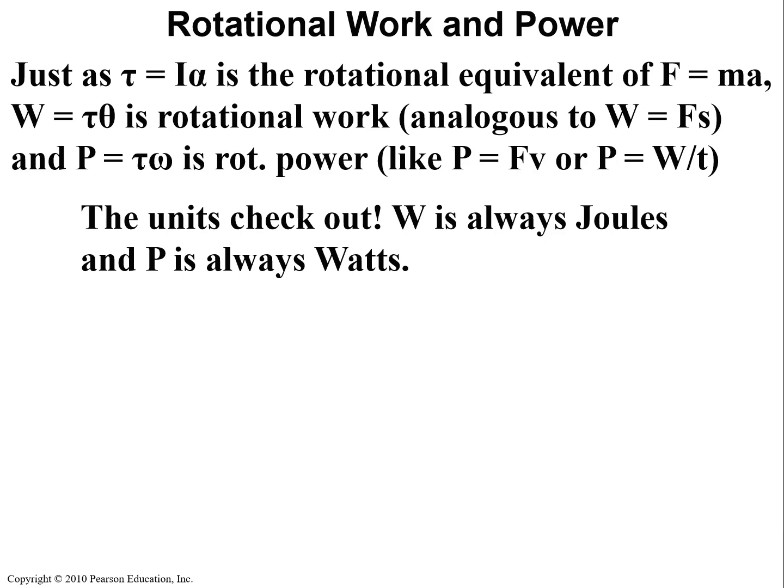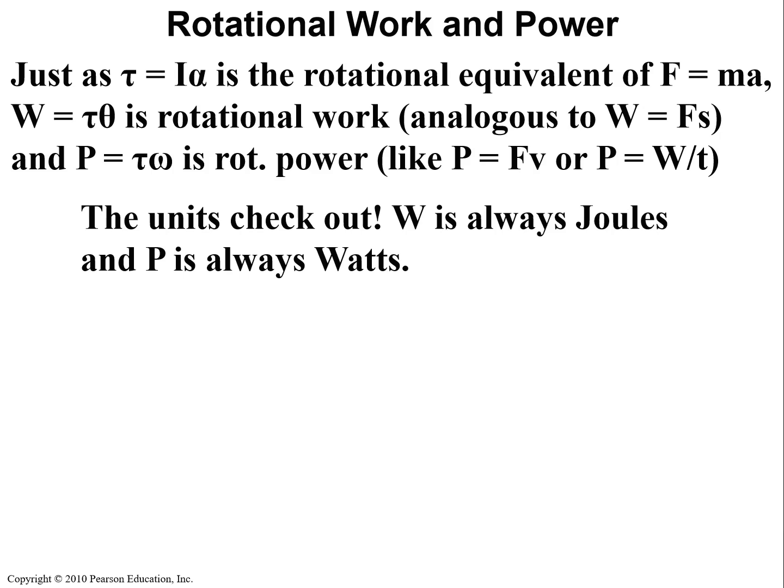And if you look at tau theta, you've got Newton meters times radians. But let's keep in mind, radians are non-units. What I mean by that is a radian is just a ratio, and it's just what you get when you do arc length divided by radius, right? Because if theta equals arc length divided by radius, that's the same as saying that arc length, or s, equals radius times theta.